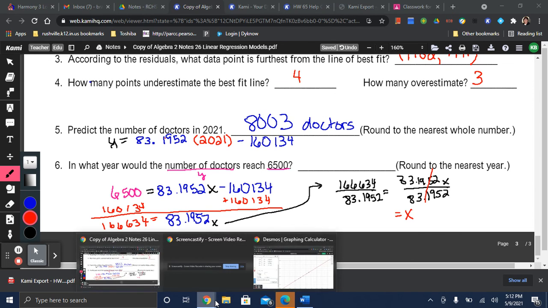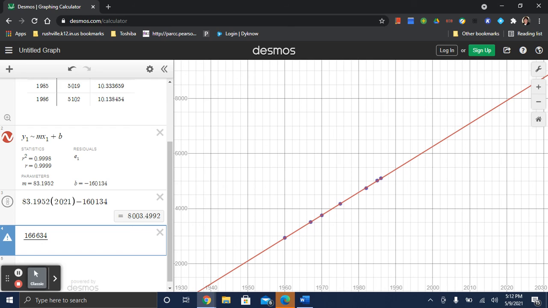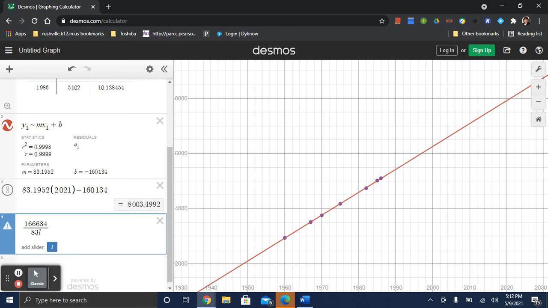So going there, taking 166,634, and we're dividing that by 83.1952, and you get 2002.9, which we could round up to 2003.